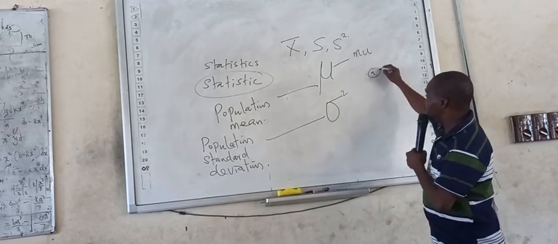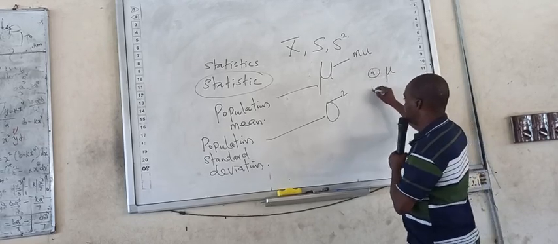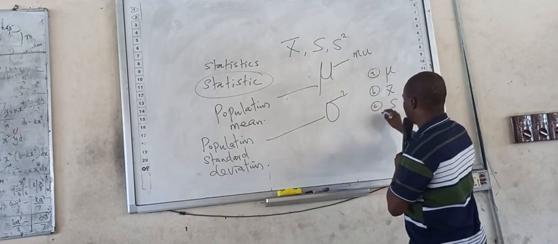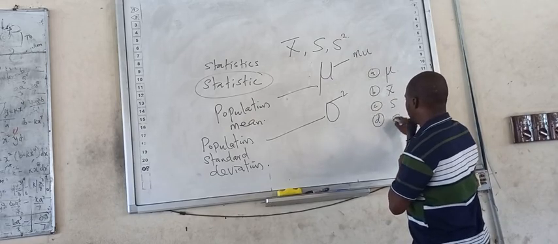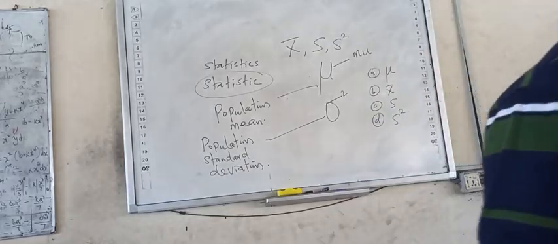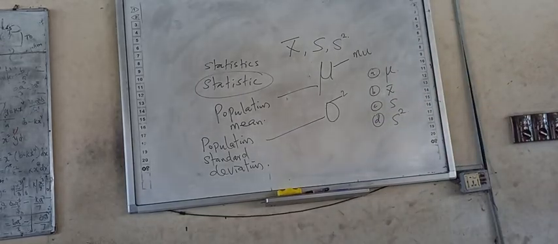A, B, C, D. Which one is not a statistic? A is not a statistic. What is A? Check your notes.